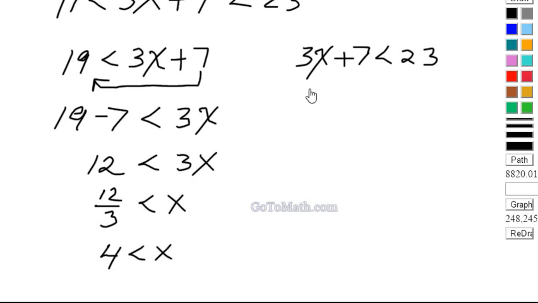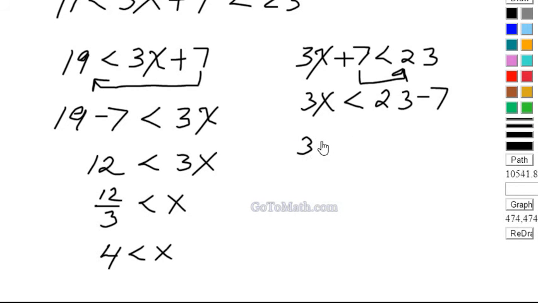Alright, let's look at this one here. So we have 3x. Let's bring that 7 over. And so we have less than 23 minus 7. So that becomes 3x is less than, and what the heck is that? I can't think all of a sudden. 16.